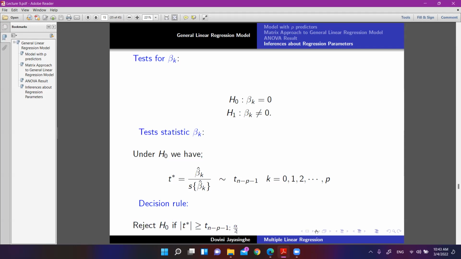It's the same one sample t-test that we have learned before in other mathematical statistical courses. We take the absolute value and check whether it is greater than or equal to the critical value. This could either be positive or negative, that is why we take the absolute value, so it goes to the right hand side end of the t test.